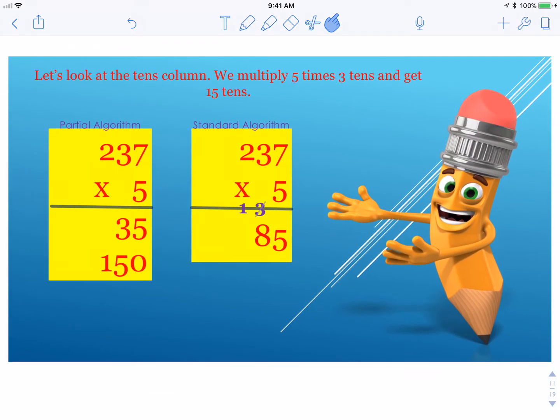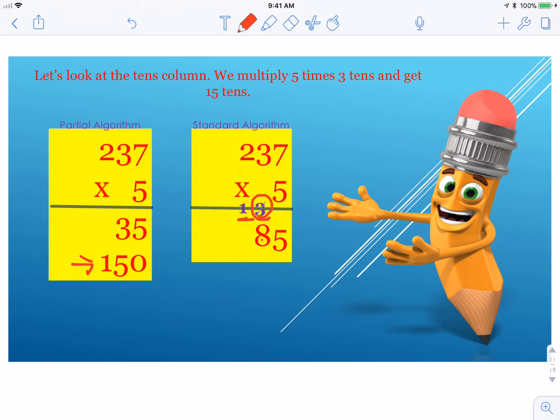Now, let's look at the tens column. We multiply 5 times 3 tens and get 15 tens. So 15 tens is the same as 150. So we had 15 tens plus 3 would be the same as 18.